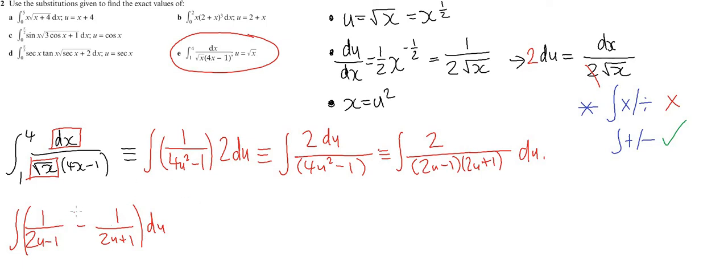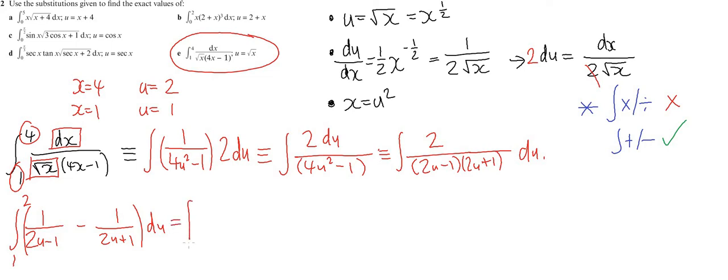One thing I have to do before I do my integration, we had limits in terms of x. So when x equals 4, u is equal to the square root of x, u will be 2. When x is equal to 1, u is the square root of x, so u is 1. So my limits are 2 and 1.